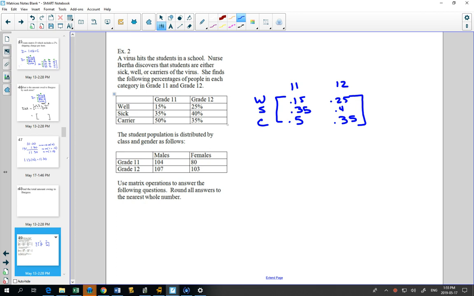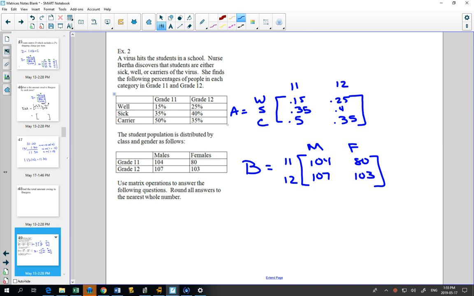We can call that matrix A. Things are nicely set up, and I'm going to tell you why. For matrix B, males, females, 11s and 12s: 104, 80, 107, 103.